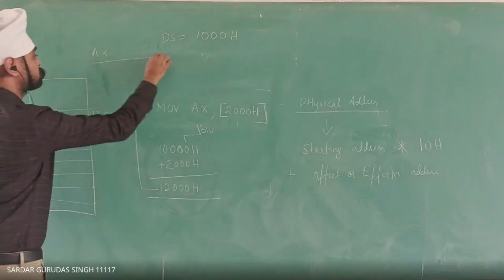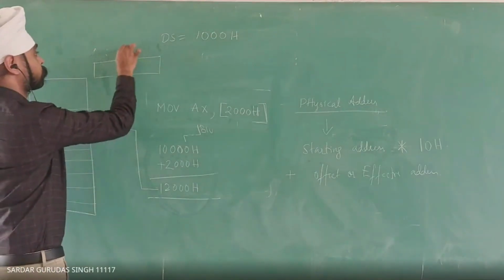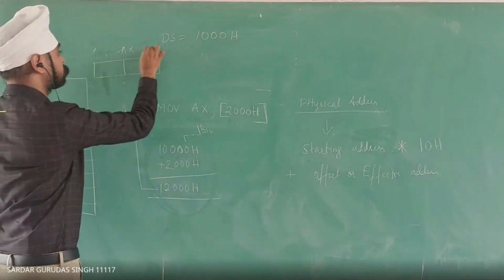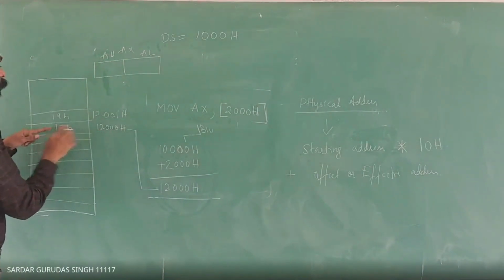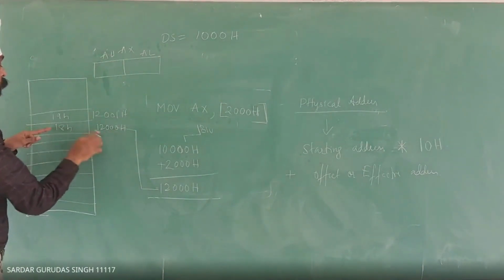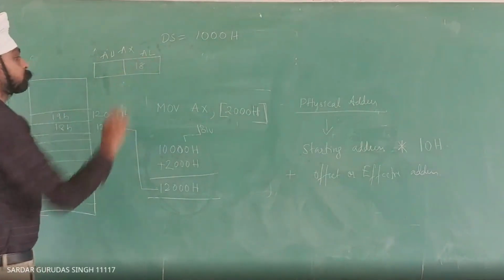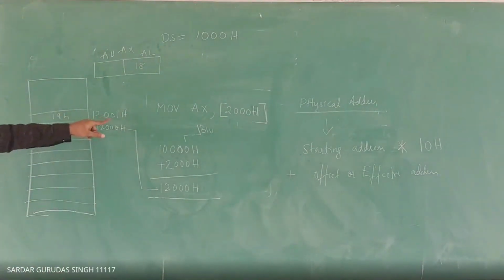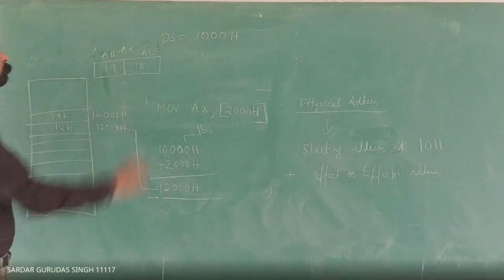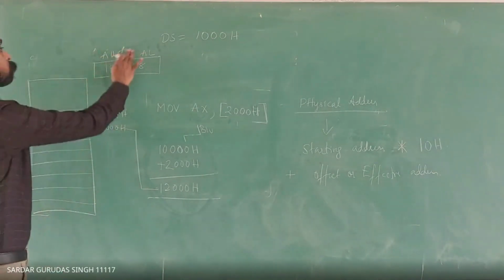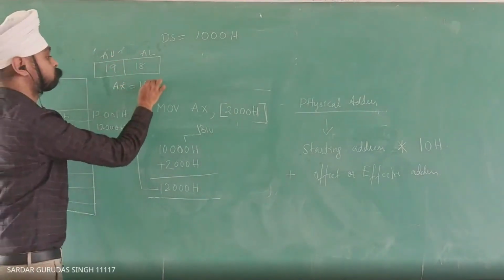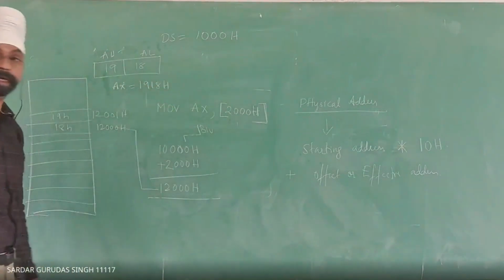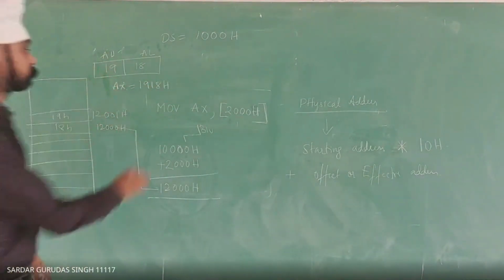AX means AL and AH: the content at the lower address 12,000 goes into AL, and the content at 12,001 goes into AH. So what will be the content of AX now? AX will be equal to 1918H.